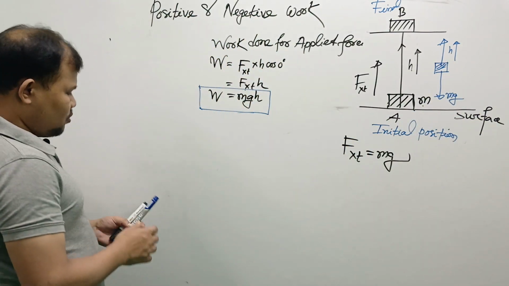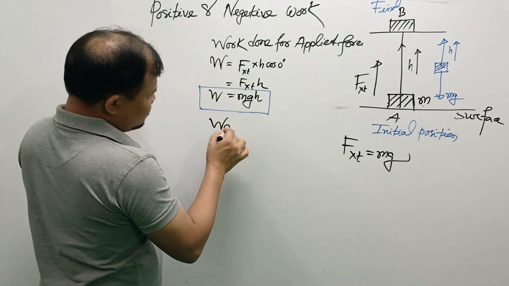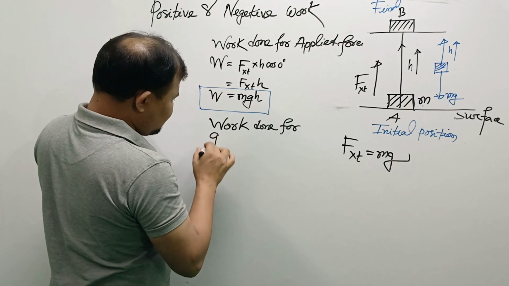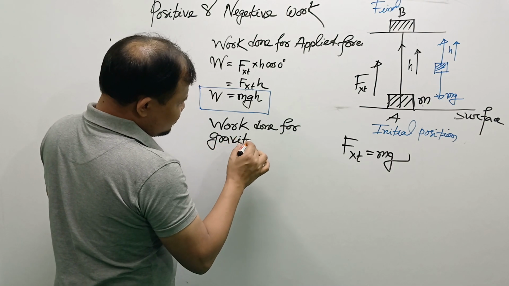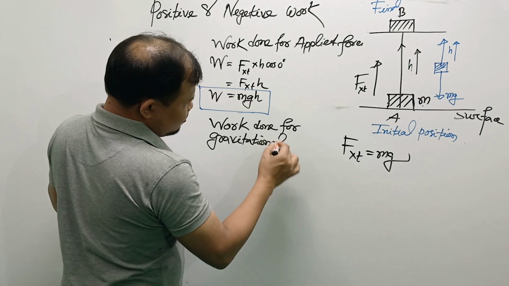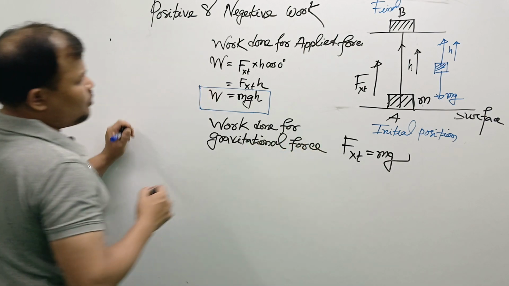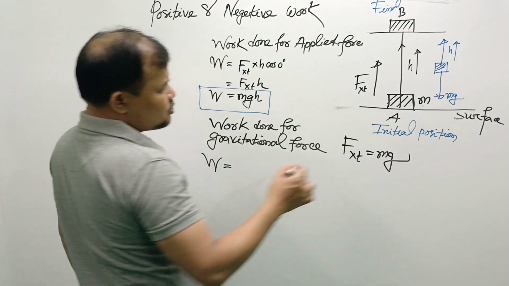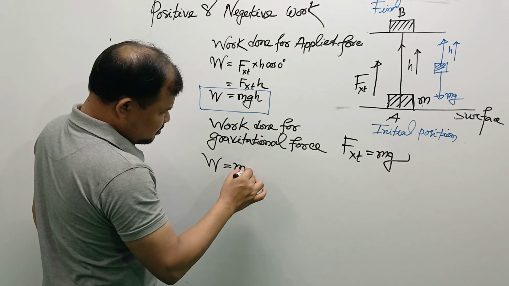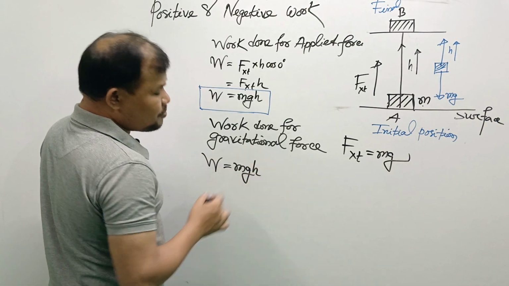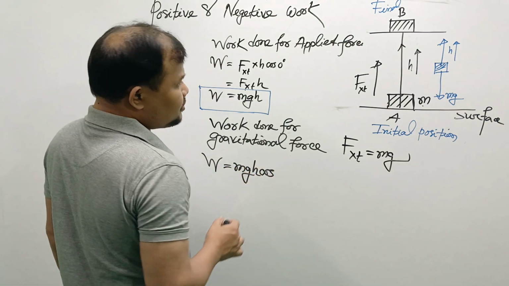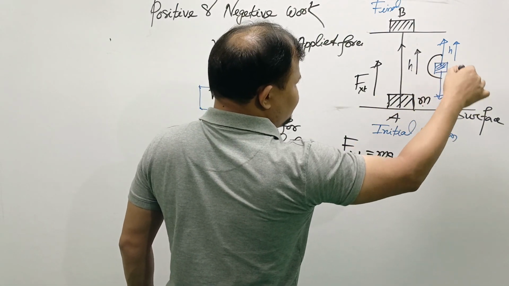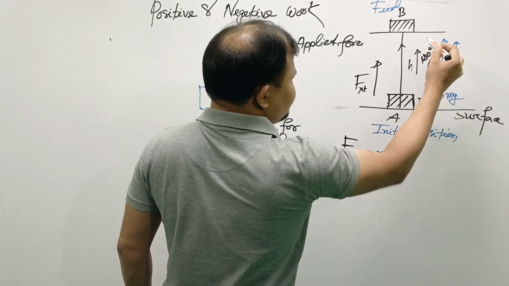Because of that, if we measure the work done for gravitational force, the force is mg, displacement is h, and the angle between gravitational force and displacement is 180.